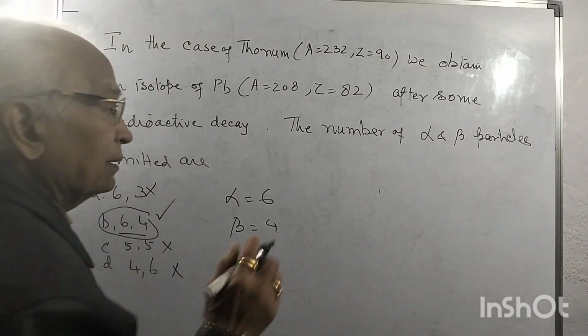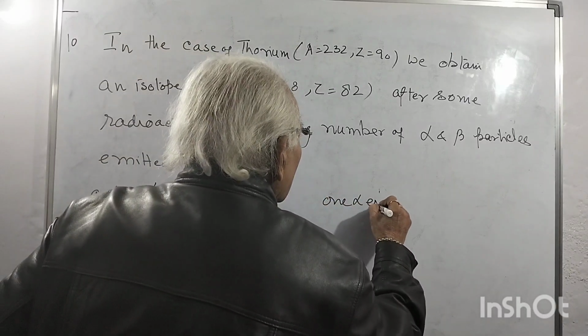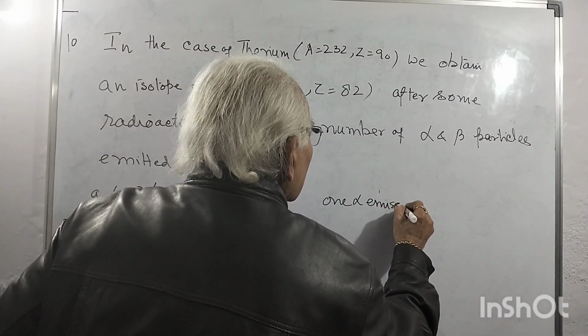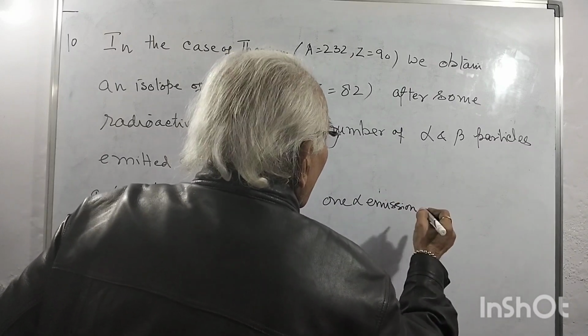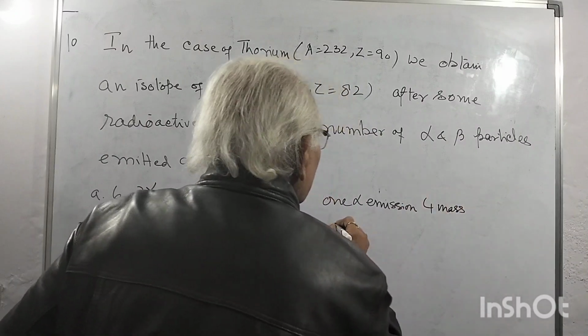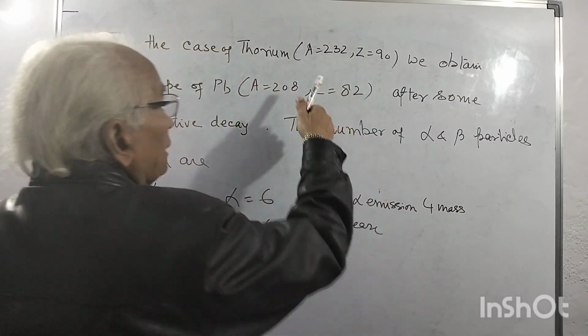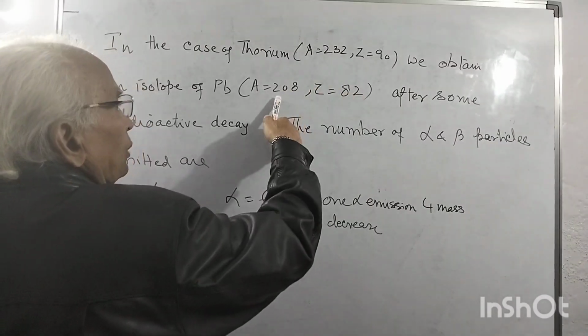I will explain again. When 1 alpha is emitted, the mass decreases by 4.